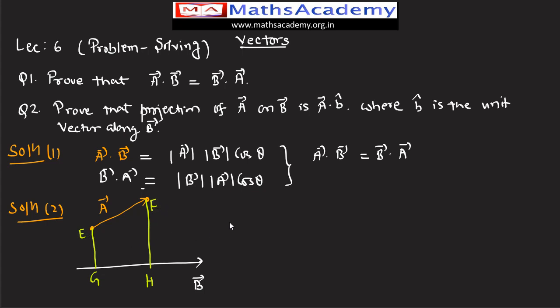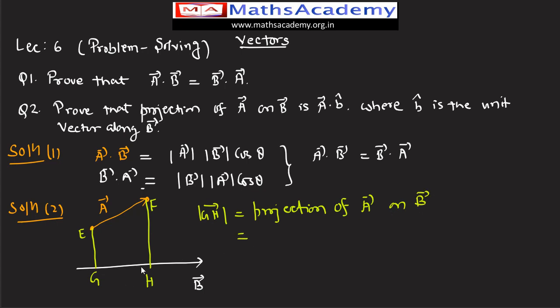Now this length GH is equal to the projection of vector A on B vector.